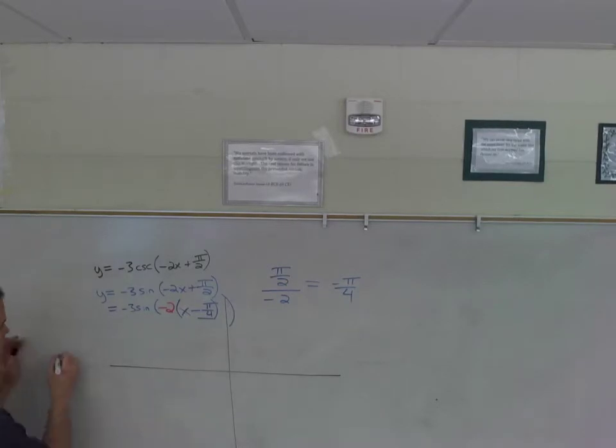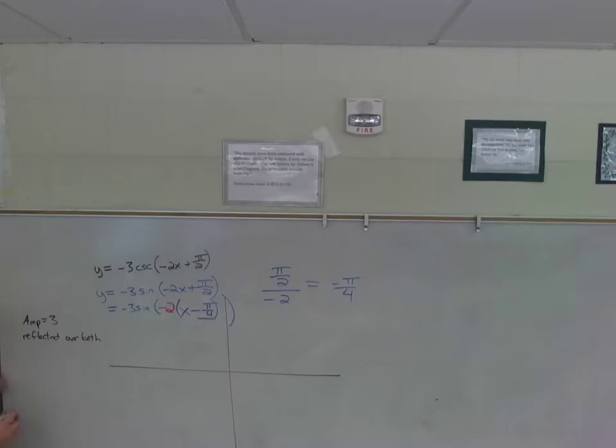So we have all our stuff now. Our guide function has an amplitude of 3. It's reflected both ways, right? This reflects it down because -y values live down here, and this is a -x value, so it's going to reflect it both ways. So let's put reflected over both.